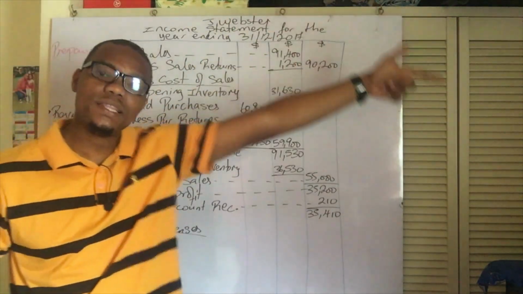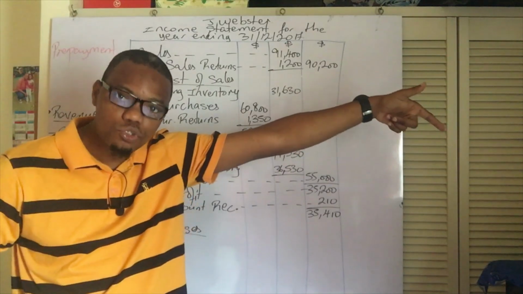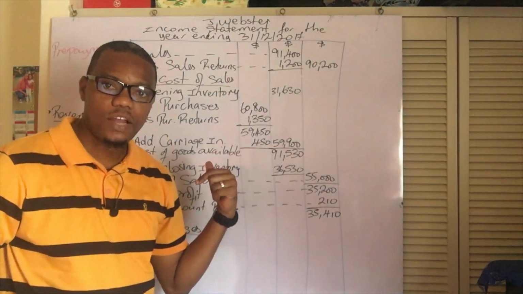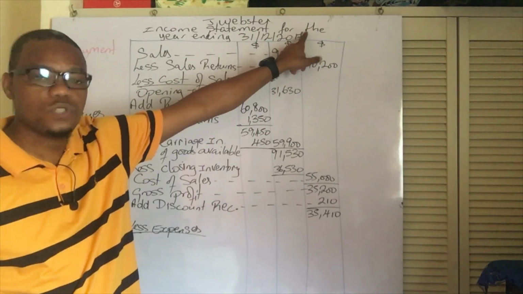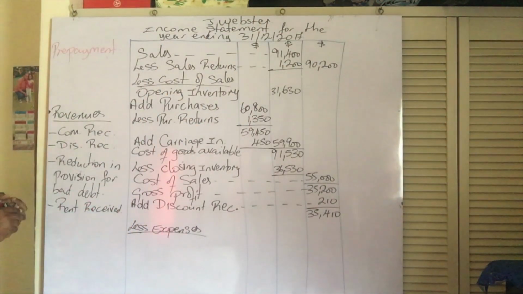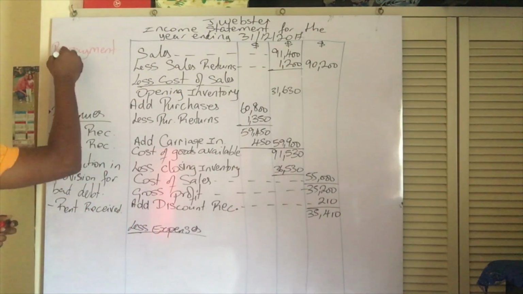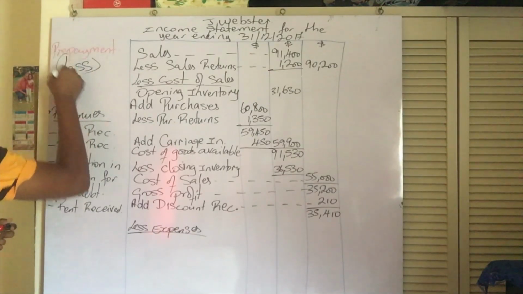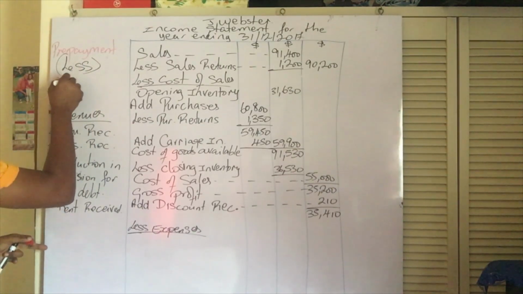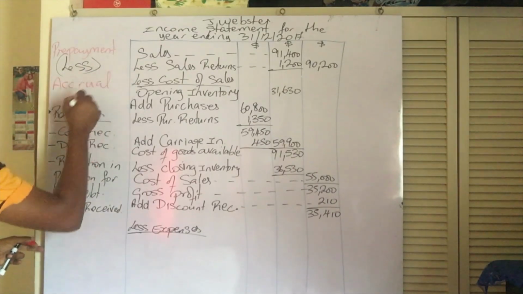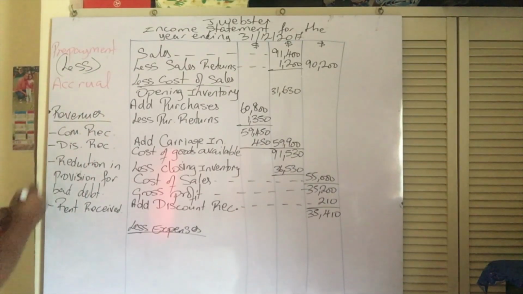But if you pay for 2018, we have to subtract it, because we're only accounting for what happened in 2017. And that is why you subtract prepayment. So the rule is, for prepayment, you subtract. And then there's another one called accrual. Accrual is when you are owing, which is the opposite.